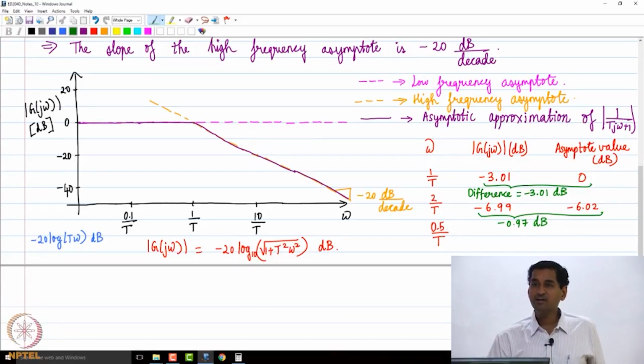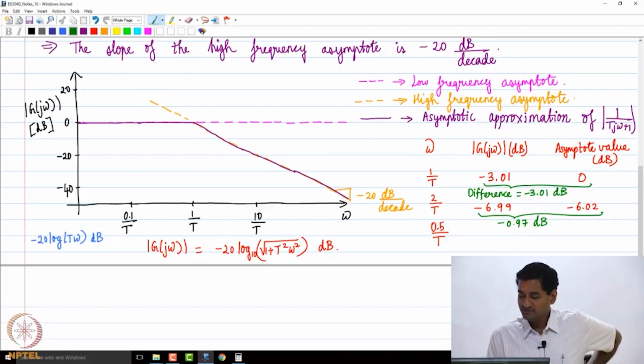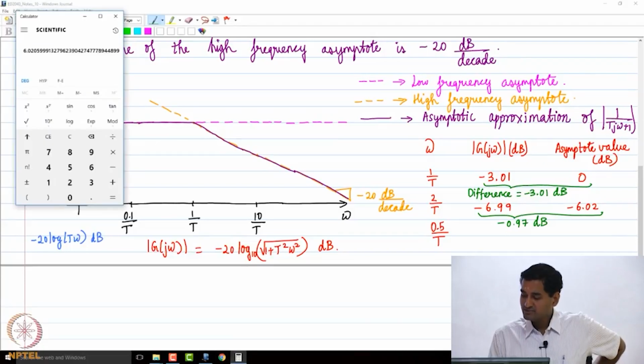All right. So now can you calculate what happens to the actual value at 0.5 by T? If you plug in that equation, T squared omega squared is going to be 0.25. So essentially we have square root of 1.25, then you take the logarithm, and then multiply it by 20.